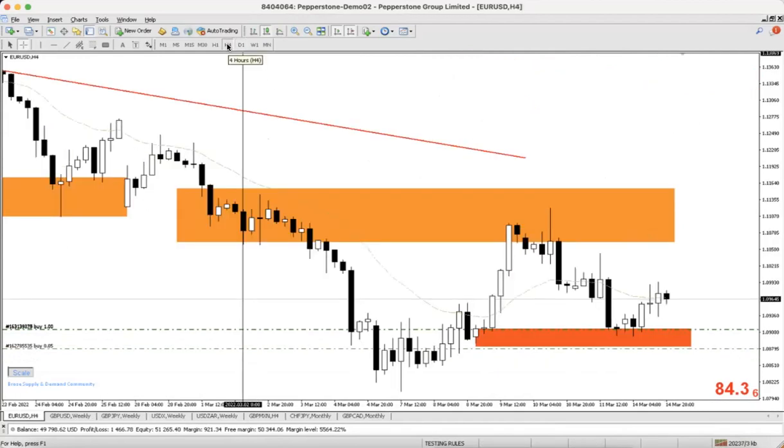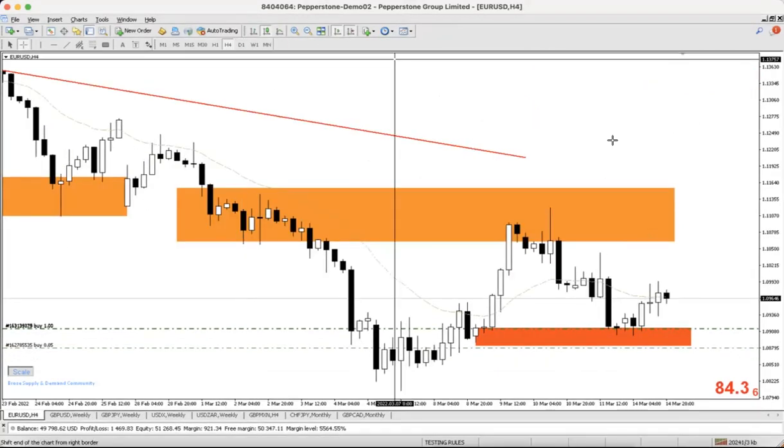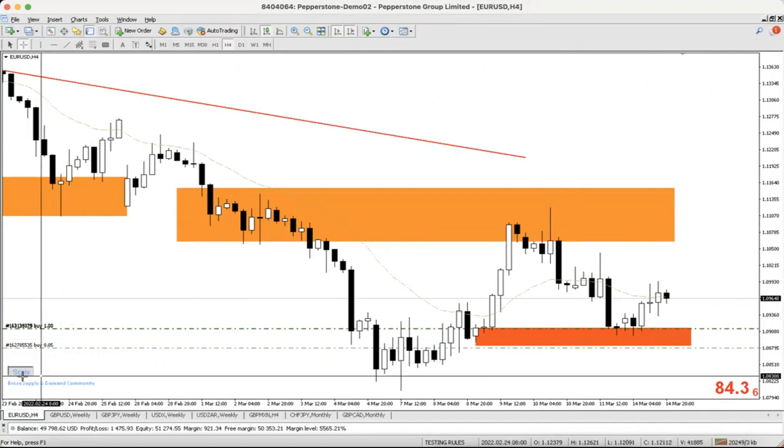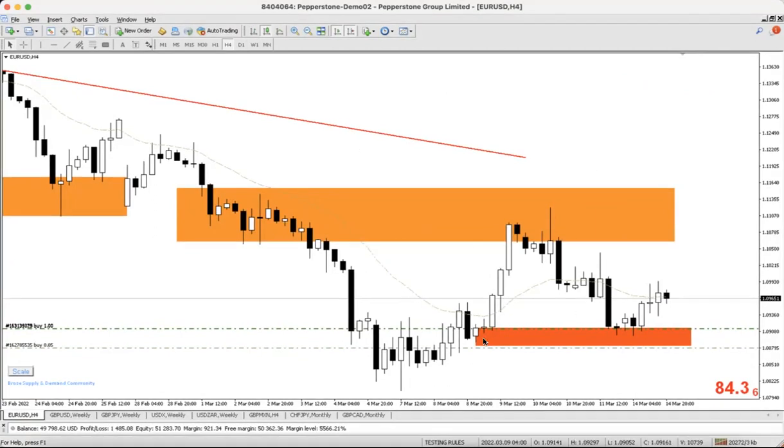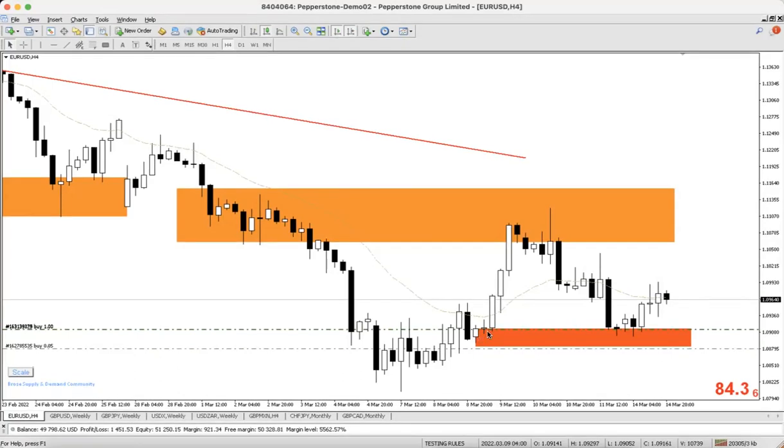When you go down to H4, look what happened. On the H4, there is a nice V here, or a nice valley, or you can say a nice demand here. Price tested this area and now is going up, okay?